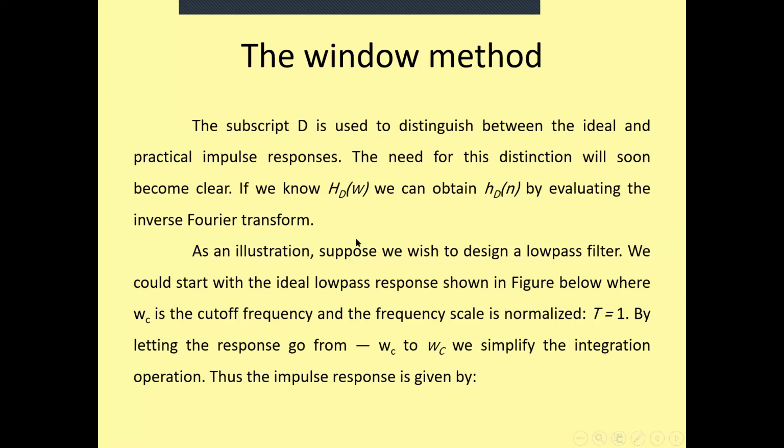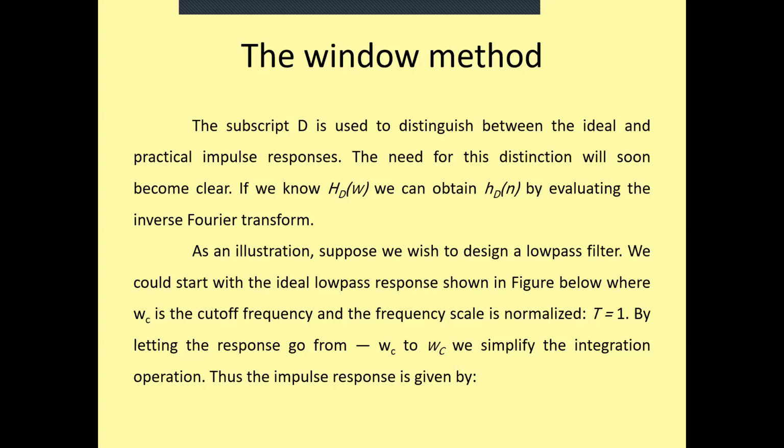As an illustration, suppose we wish to design a low pass filter. Now, we could start with the ideal low pass filter response shown in the figure below. Okay, we said that we have an ideal response and the practical response, and I have talked about the practical response. In the practical response, we can recognize three regions: pass band, transition, and stop band region.